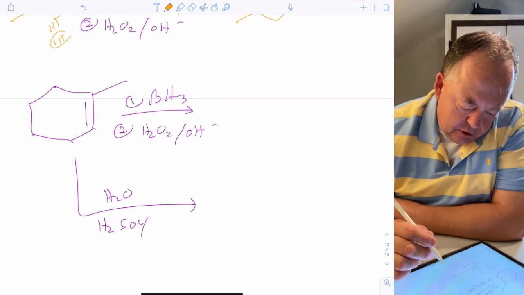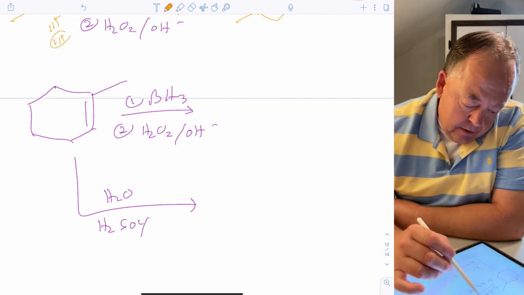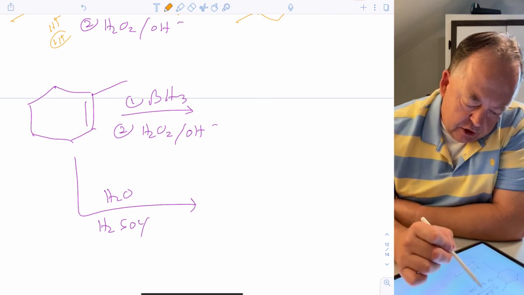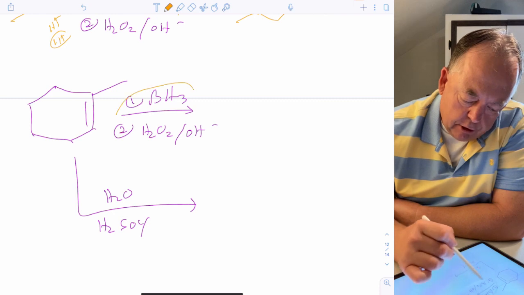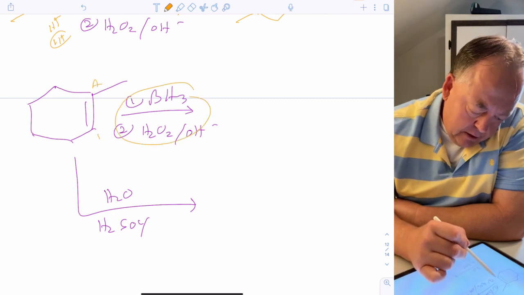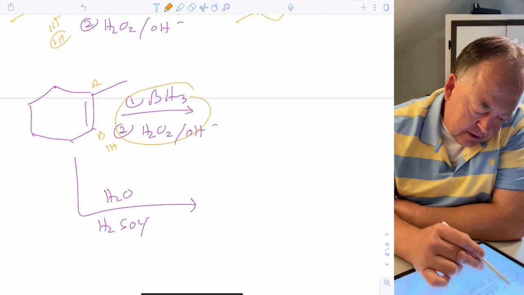Okay, and I put these two on this one just to illustrate the syn addition for this hydroboration oxidation. So A and B, this has one hydrogen, this has 0 hydrogens.